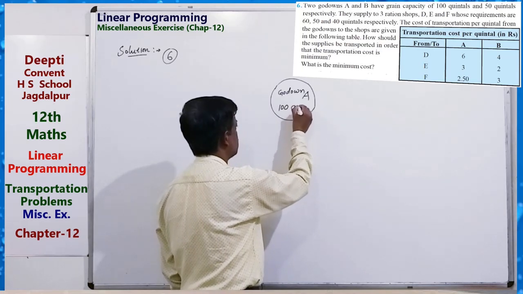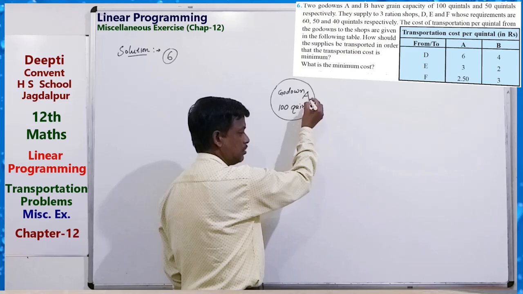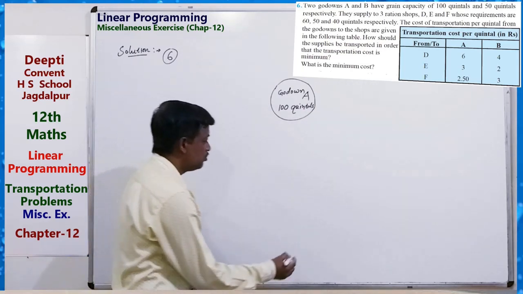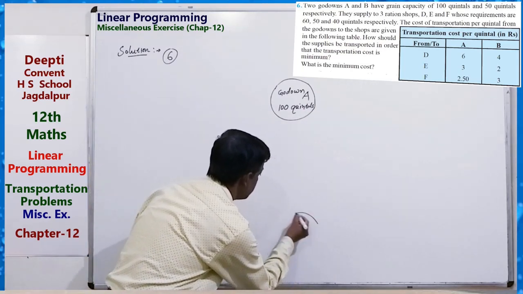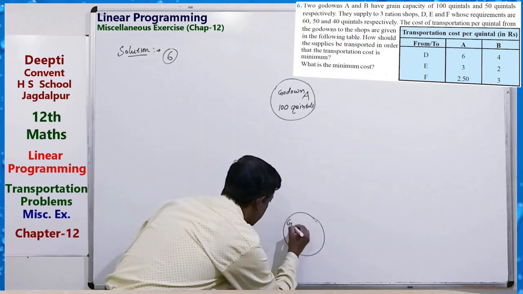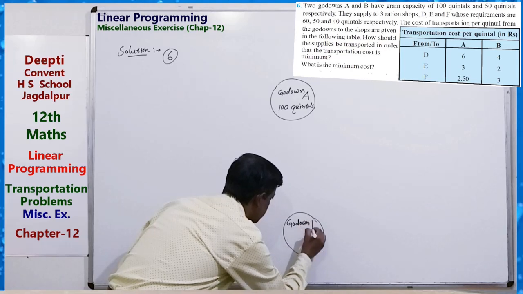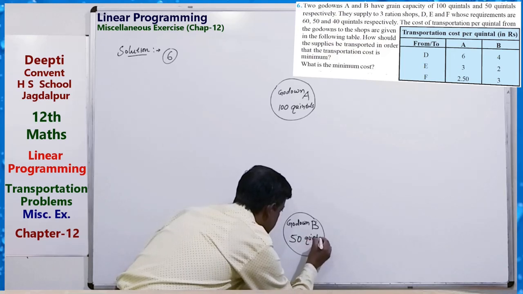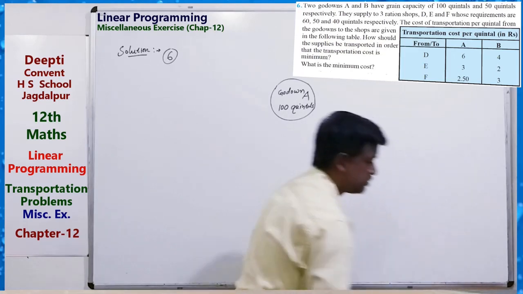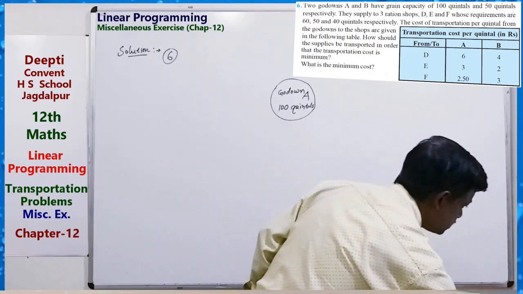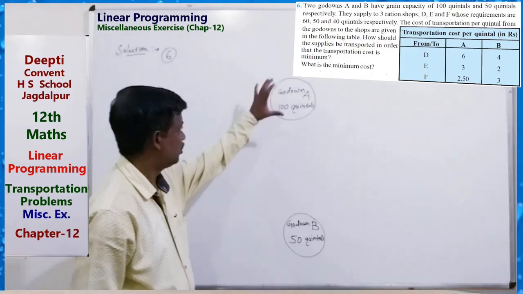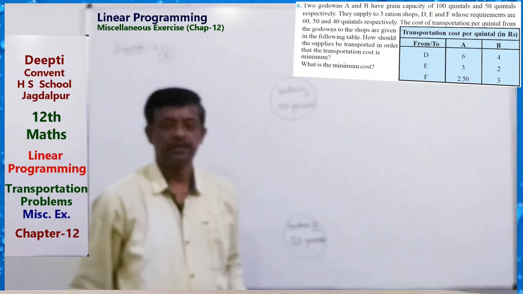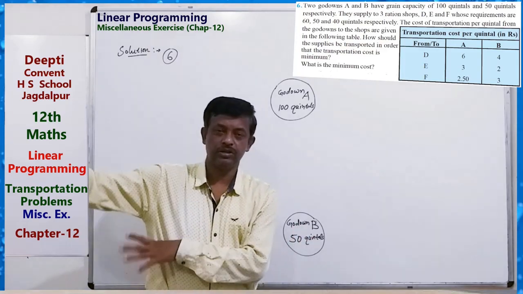And godown B, 50 quintals. Godown B 50 quintals means its capacity. Godown A, godown B: there are two godowns and they are supplying grain to the shops.